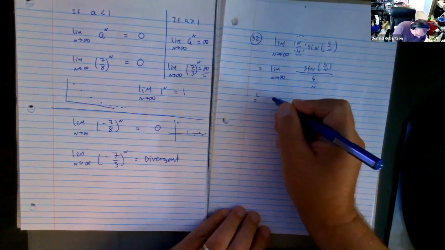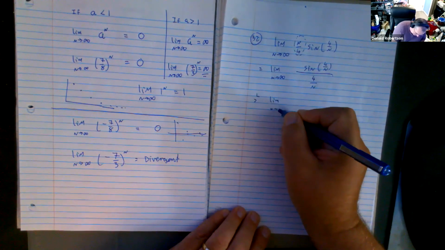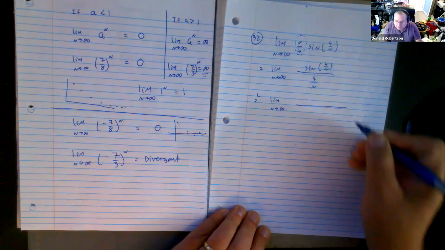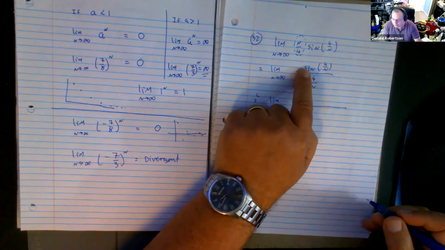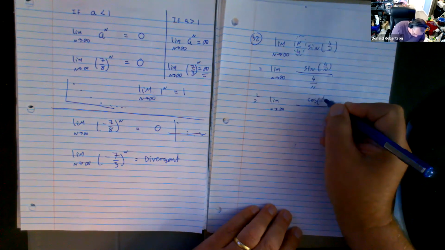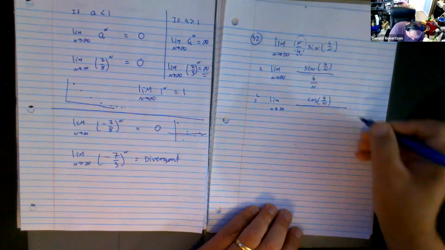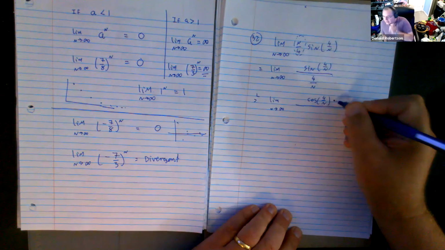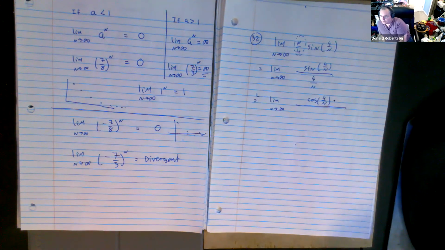And you've got to be careful because there's a lot going on here. If you differentiate sine of 4 over n, you will get the cosine of 4 over n. But won't you also, because it's a chain rule, get times the derivative of 4 over n?